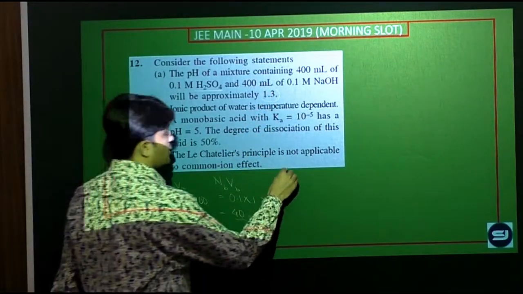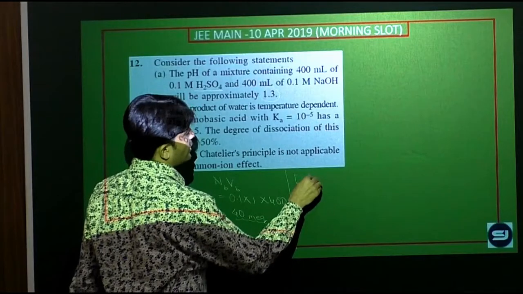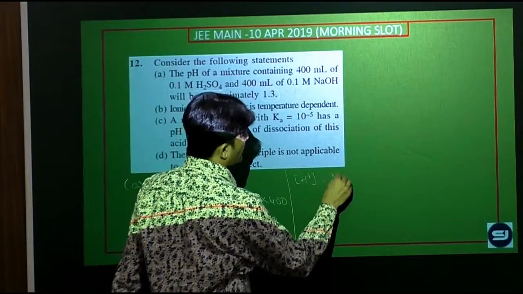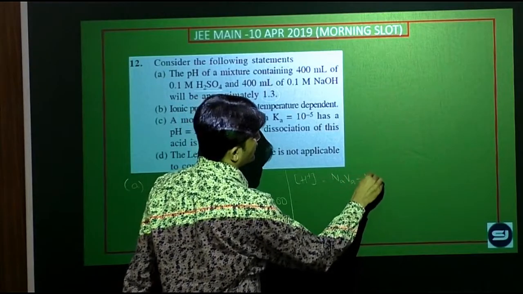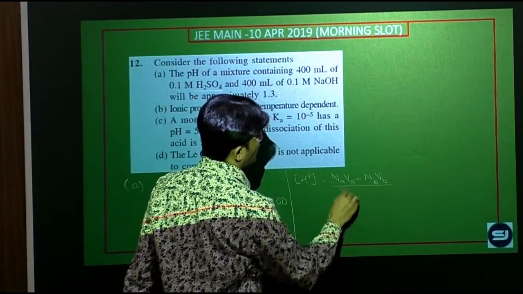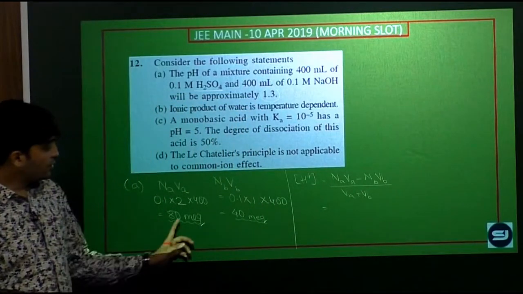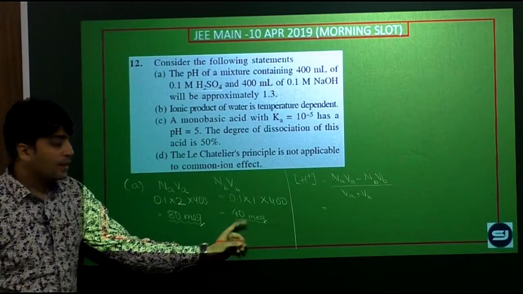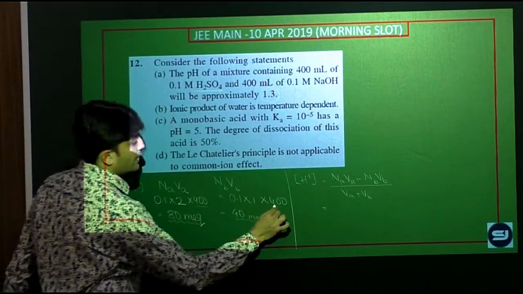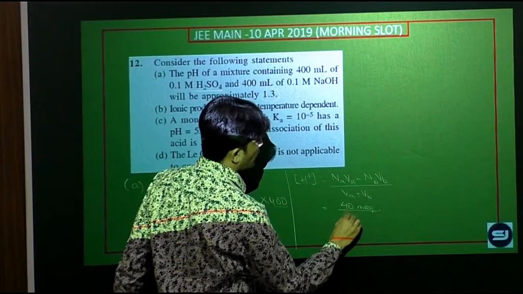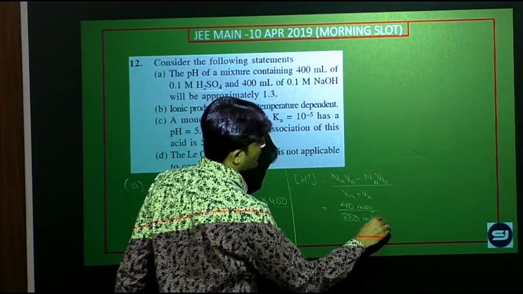How do we get that? After this we can calculate the H plus concentration. The H plus concentration is given by NaVa minus NbVb upon the total volume Va plus Vb. So the difference is 40 and the total volume is 800, hence 40 milliequivalent upon 800 milliliter.